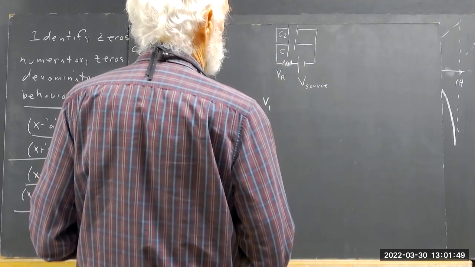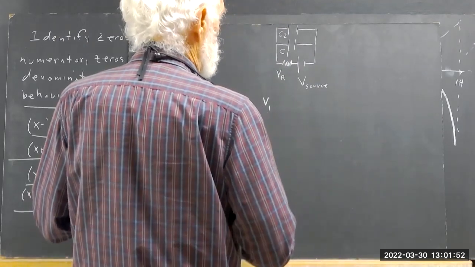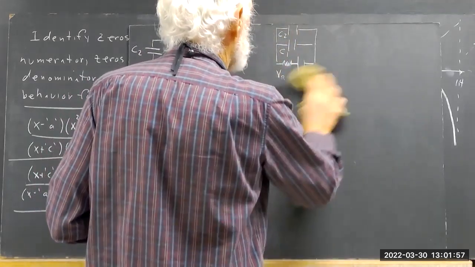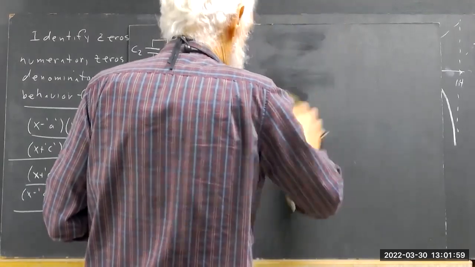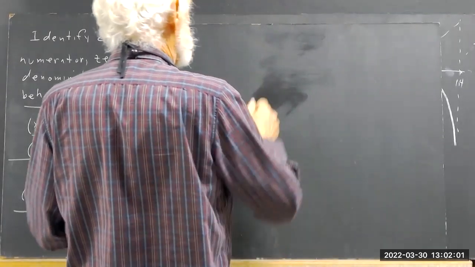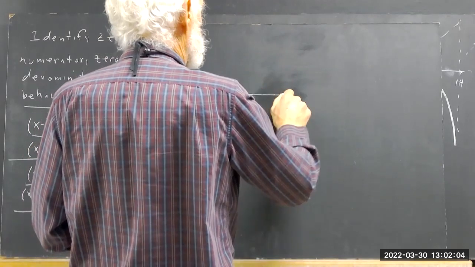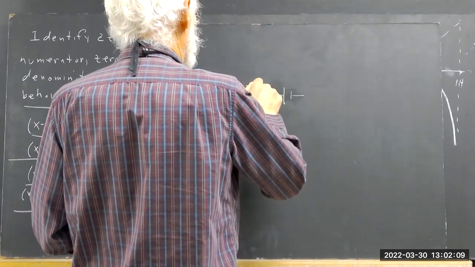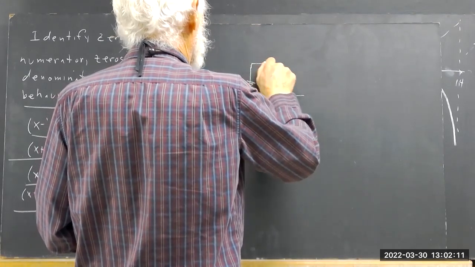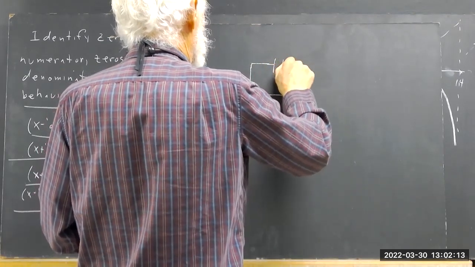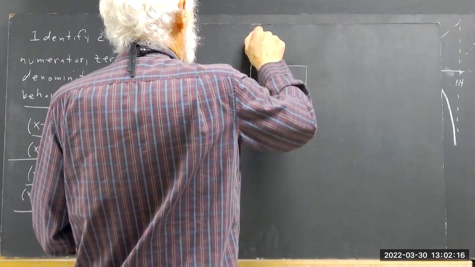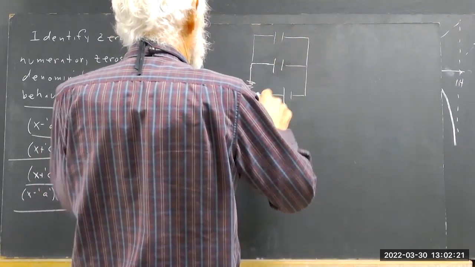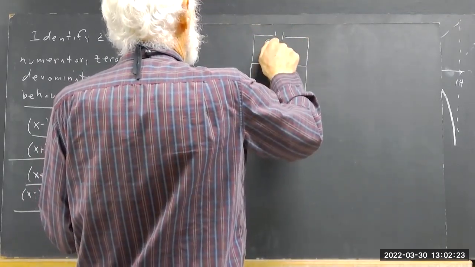I need a bigger picture because I really want to draw it more. Let me just quickly draw the picture. Capacitor here. Capacitor here. C1, C2.